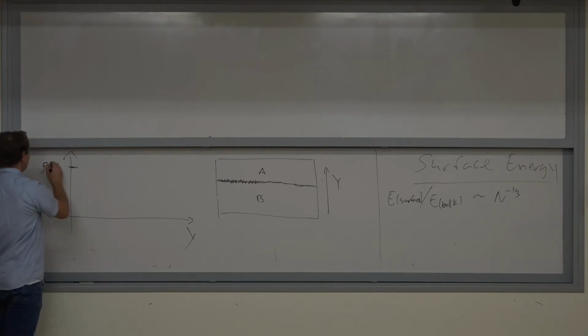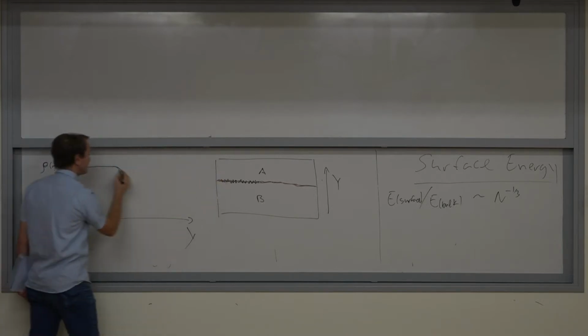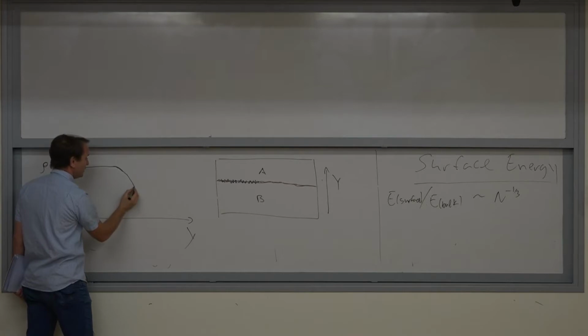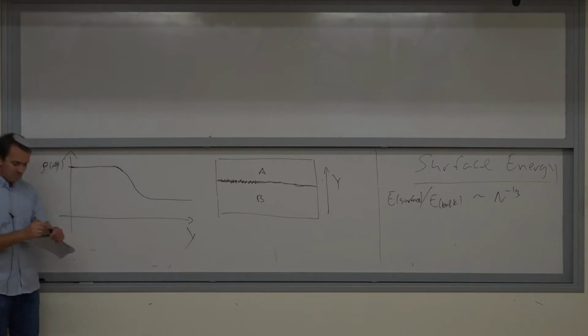This is rho of y. And it goes like this. At some point, it starts to decrease as I approach the surface. It will go down, and then it will stagnate again at some specific value.